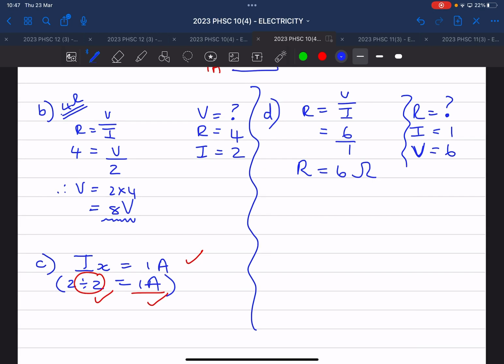Okay. Question E. They ask the charge that goes through the 4 ohm resistor in 2 minutes. Carabello, when they ask for the charge, what symbol goes with that? The charge. You wrote on it this morning. Charge. We did a whole chapter on charges.